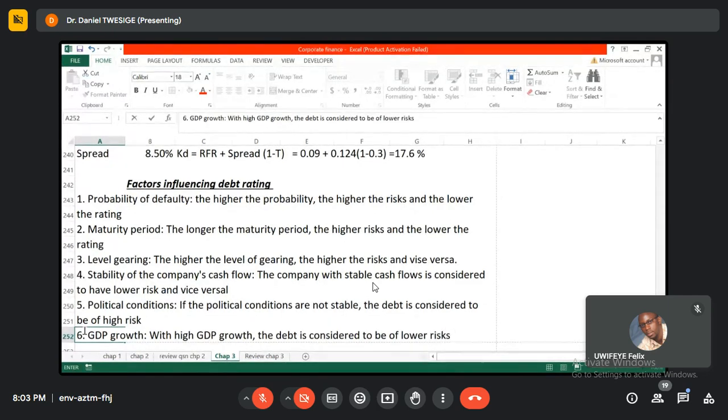So these are some of the factors which may influence. There is high economic activity because high GDP growth is reflected in economic activities. Economic activities for business means profit.